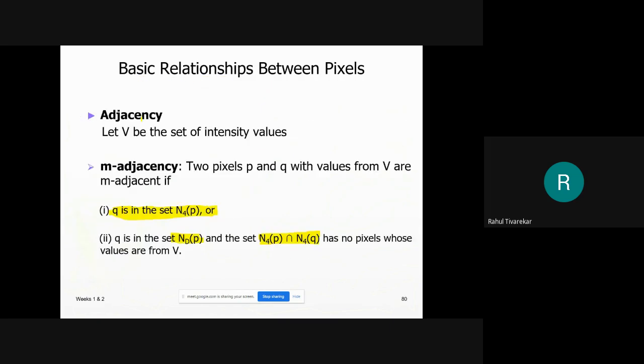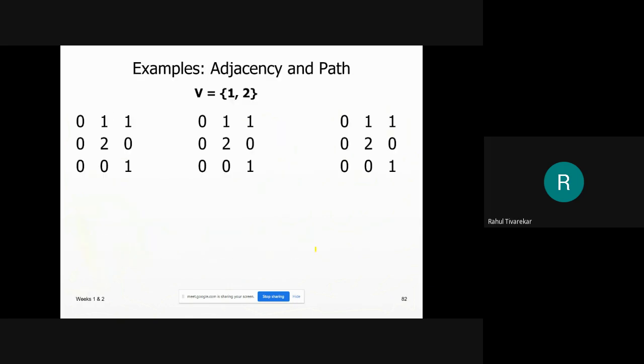What I am saying again, they are not fourth neighbors of each other, but they are diagonal neighbors of each other, and they don't have any common fourth neighbor which is part of V. Such an element is not available.